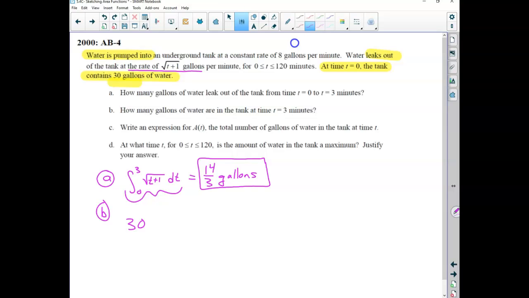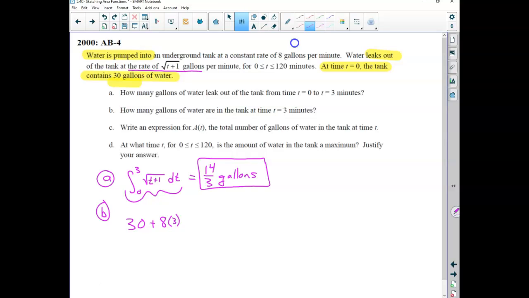It's being pumped into the tank at a constant rate of 8 gallons per minute. So wouldn't that mean I have to add 8 gallons for 3 minutes? Because it's going to pump 24 gallons into the tank.